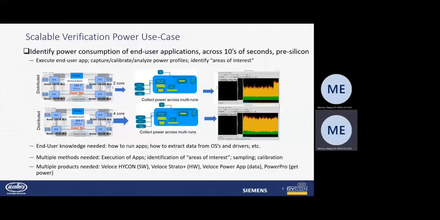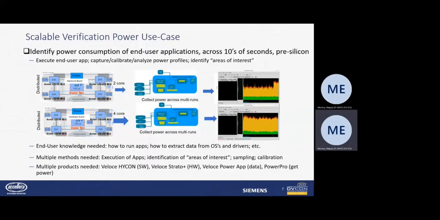Then, after defining the area of interest, we need to take this into a power tool to determine the power dissipation in watts. Our methodology requires knowledge about how to run the application, how to extract information from the operating system and the driver, and it also includes identifying the area of interest.